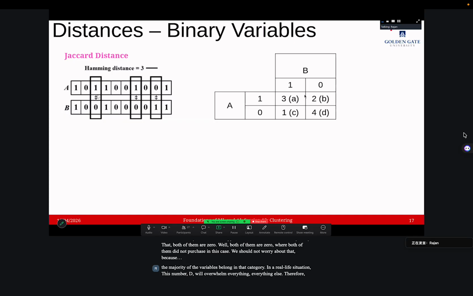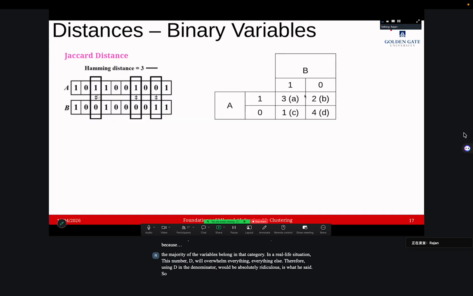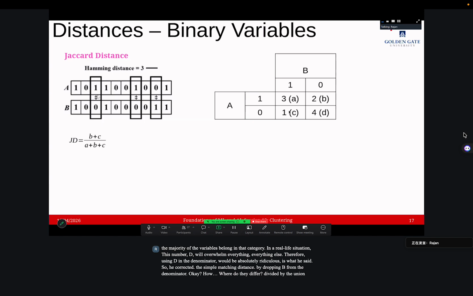Therefore, using D in the denominator would be absolutely ridiculous, is what he said. So he corrected the simple matching distance by dropping D from the denominator. Where did they differ, divided by the union of the two customers, A plus B plus C. So this is what Jaccard came up with.